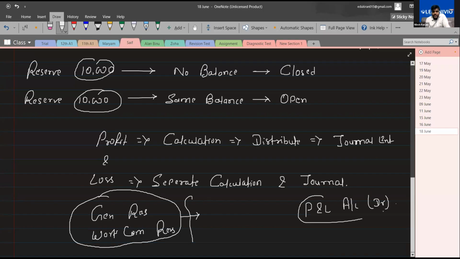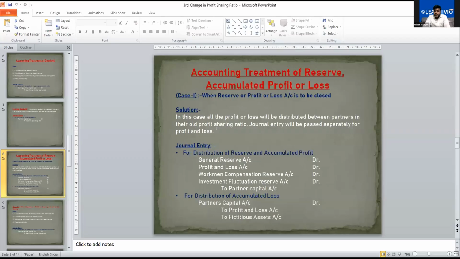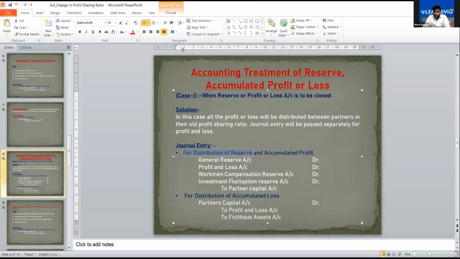And there will be a separate entry for this one. Understood? Yes. So this is what we are doing here. In this case, the journal entry will be passed separately for profit and loss. So you can see for distribution of reserve and accumulated profit and for distribution of accumulated loss, there are two entries. Please write this.